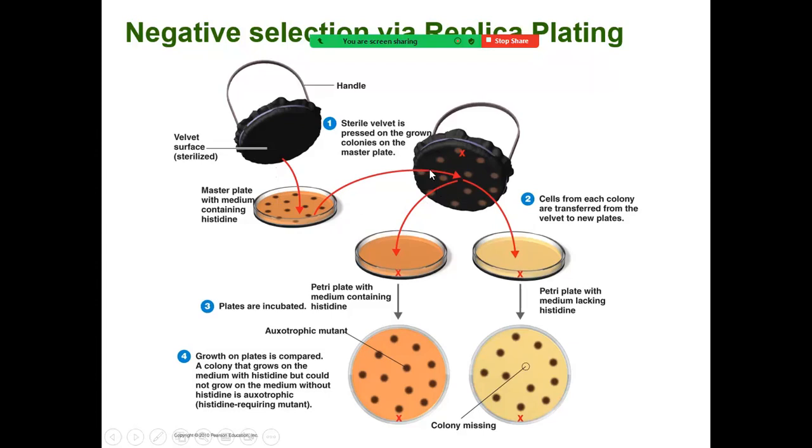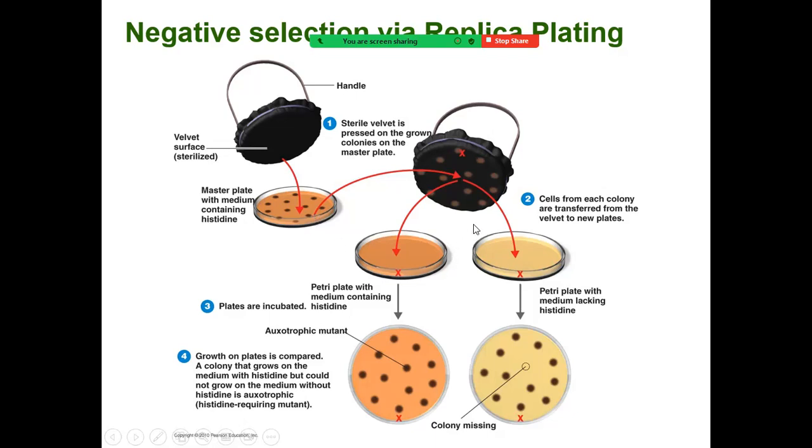Now the cells get on the velvet in the same pattern they were on the plate, and then you can press the velvet onto 2 other plates, and the cells will be transferred from the velvet to the plate. Then you incubate them, and you'll get colonies growing on the plate in the same orientation as the colonies in this plate.